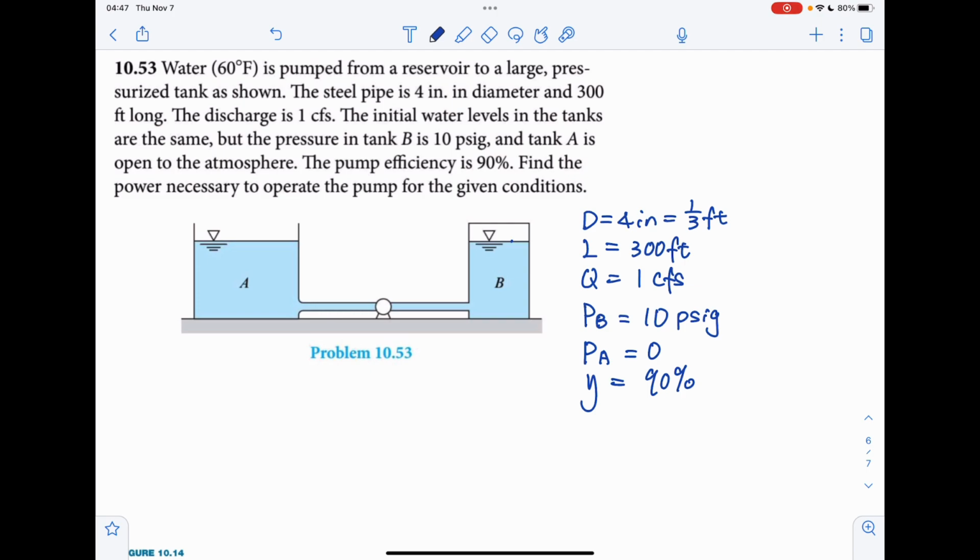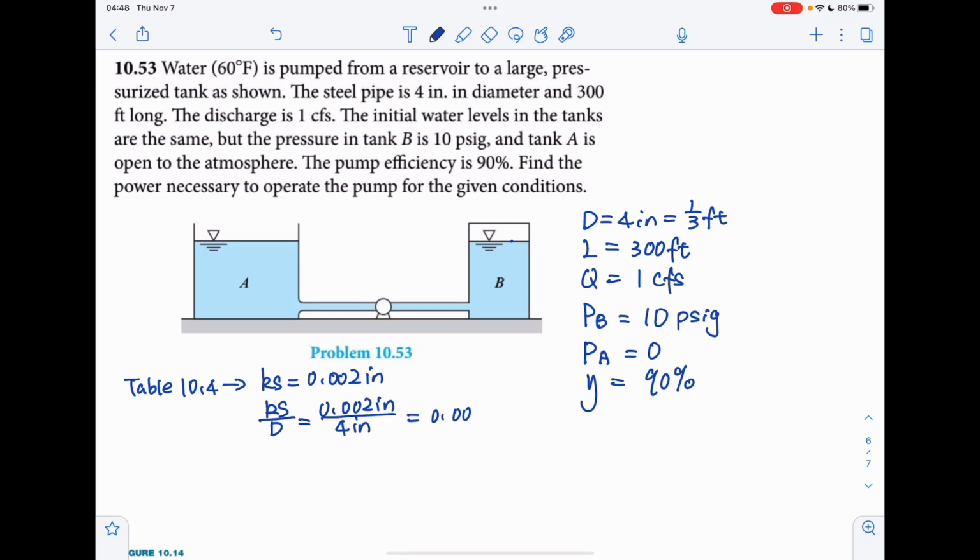The pipe material is steel, so from table 10.4 we can find Ks equals 0.002 inch. So Ks over D equals 0.002 inch divided by D, which is 4 inch, which gives us 0.0005.